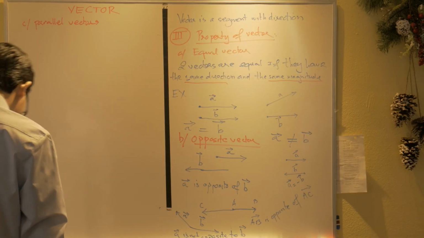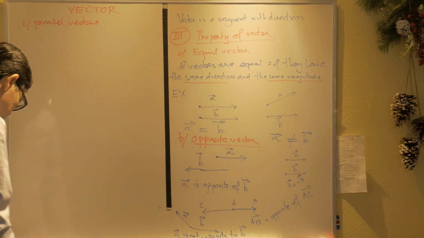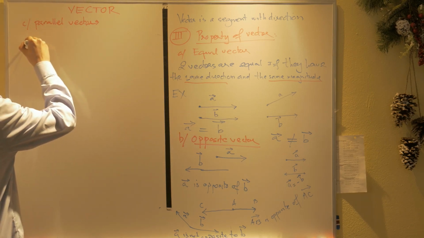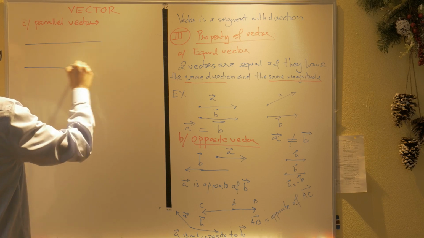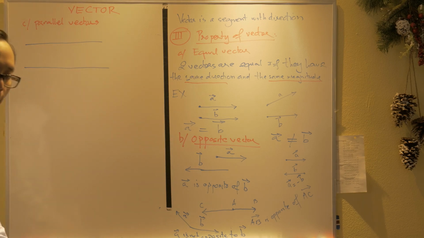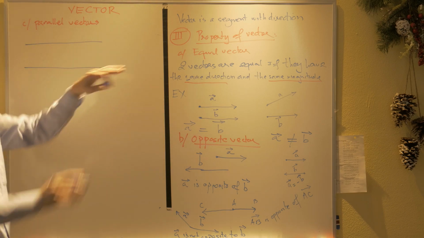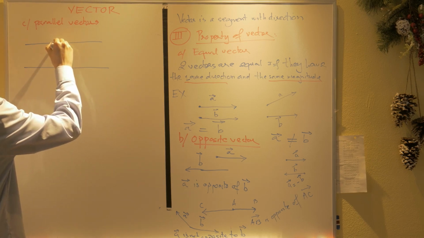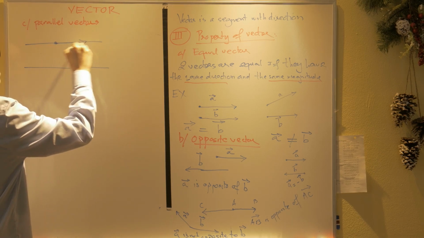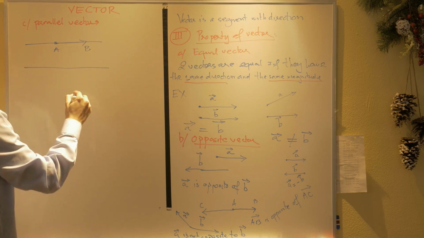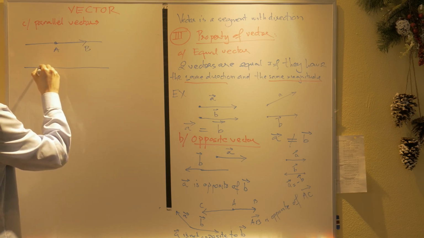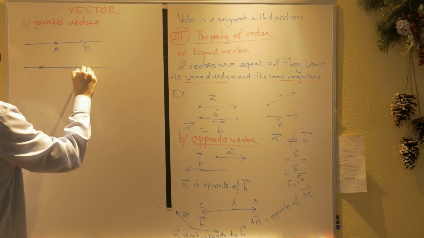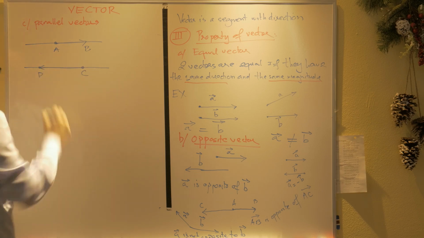For example, first of all, let me draw two lines. Okay, this is a line, and I say that these two lines are parallel to each other, because they never cut each other. Just imagine that. And on these two lines, I draw two vectors. This is vector AB, and over here, I draw vector CD, for example.